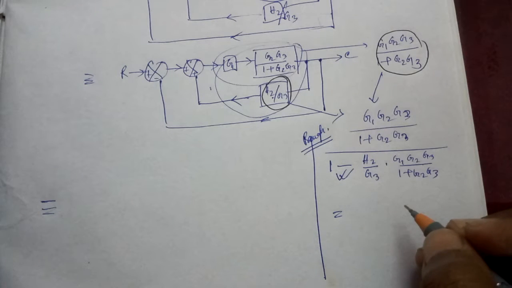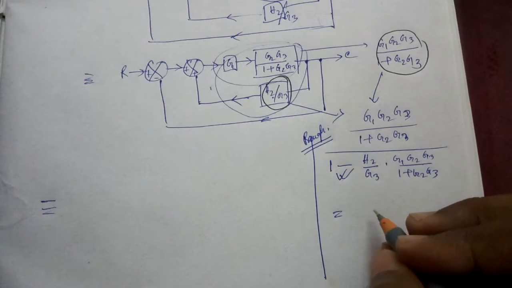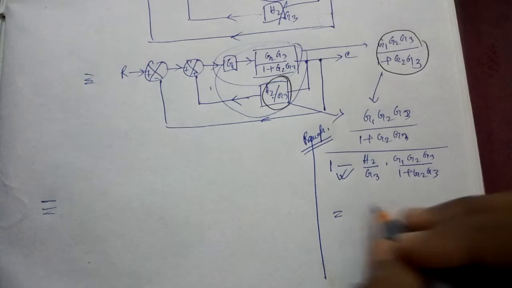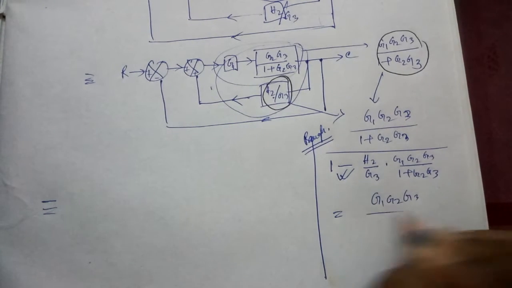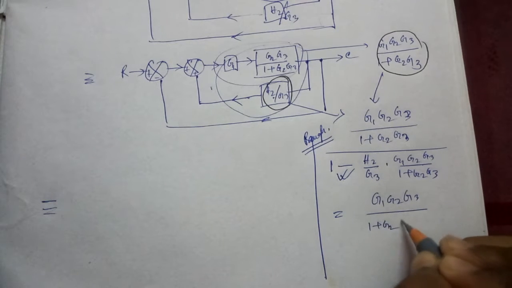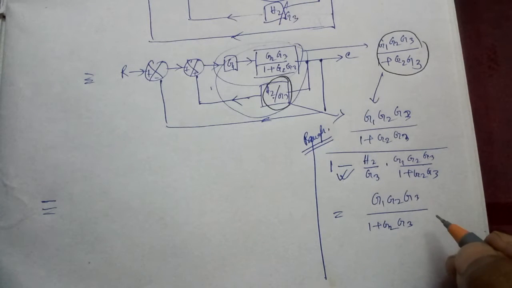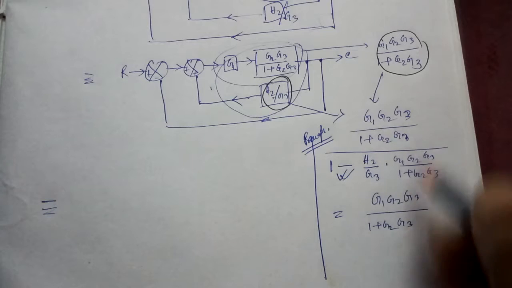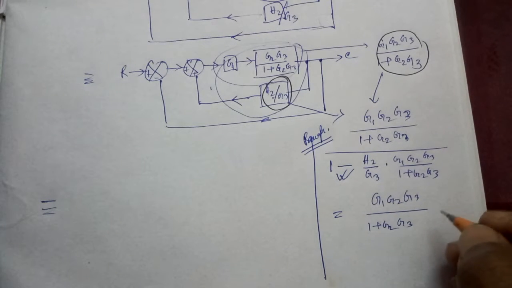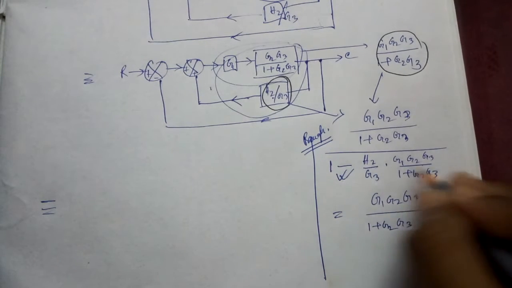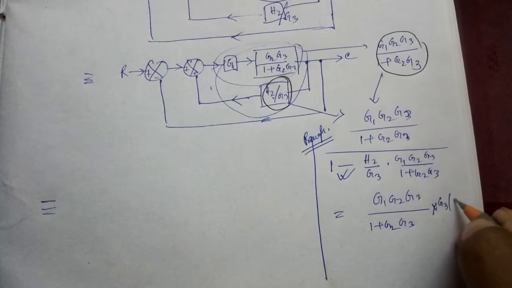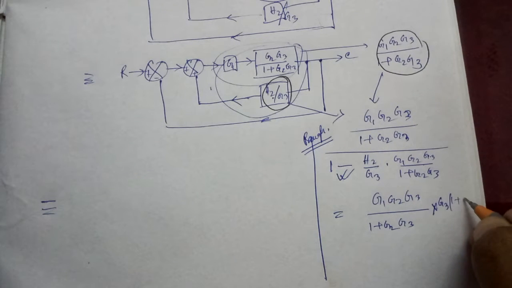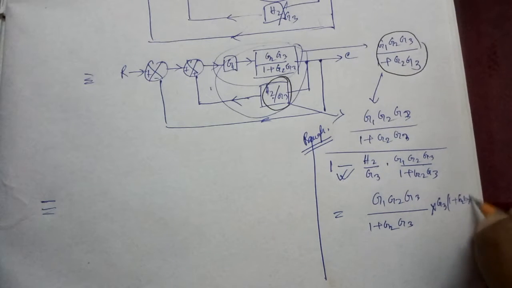Then the calculated value, let me find it: G1 G2 G3 by 1 plus G2 G3, and if I calculate it, then this portion will go above G3 into 1 plus G2 G3.